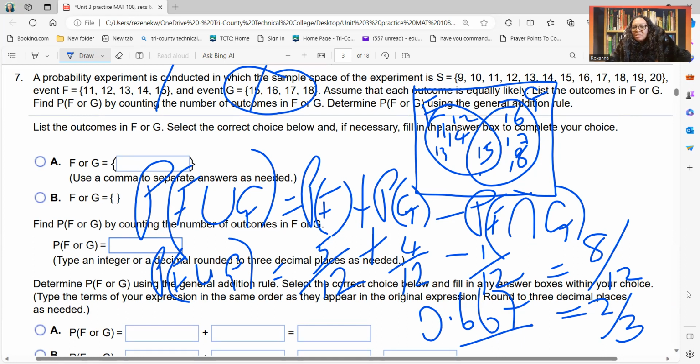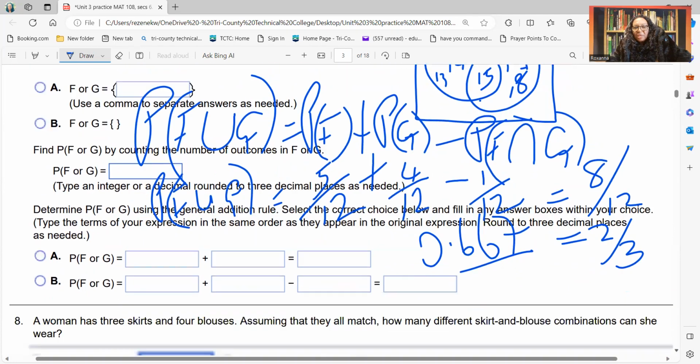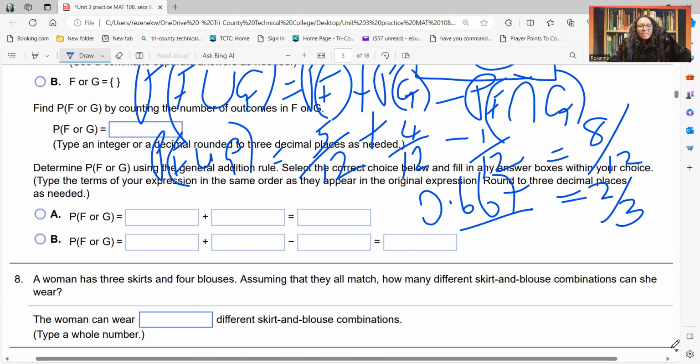Now, they want to know if we know the formula. Somebody's trying to pull our legs. Okay, what is P(F or G)? Is it P(F) plus P(G)? No. So this is not the formula. Why? There is an intersection.